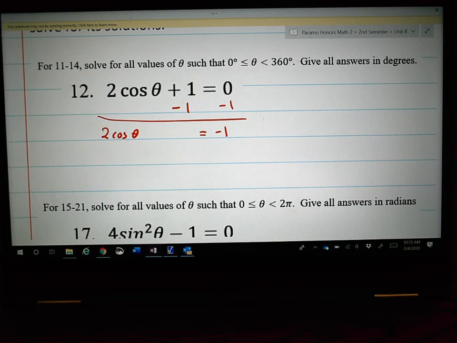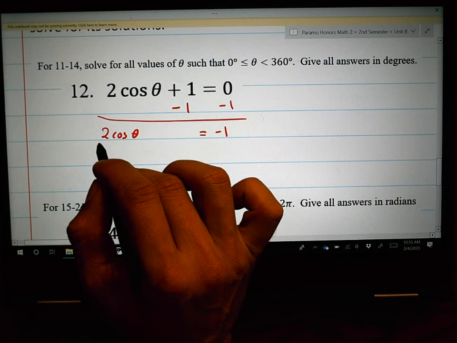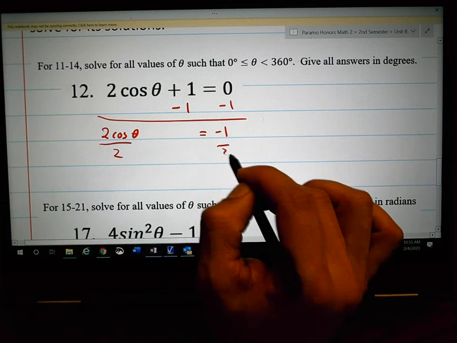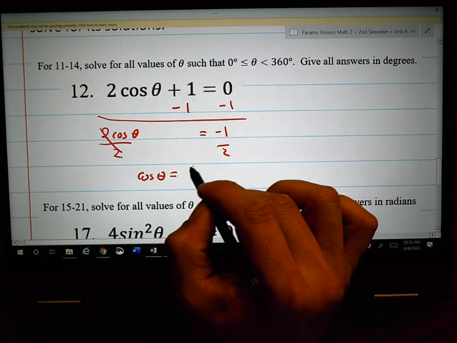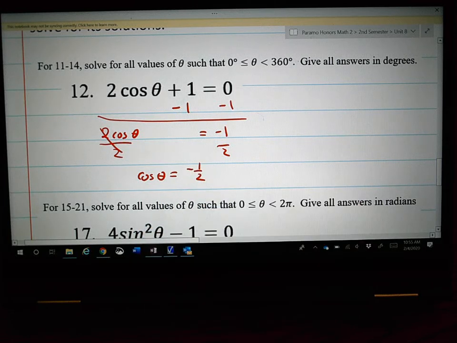And since the 2 is multiplying the trig function, do the opposite of multiply by 2 and divide by 2. So that you have cosine of theta is equal to -1/2. That's step 1.